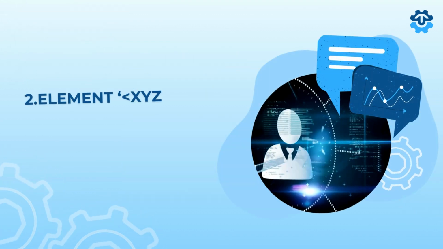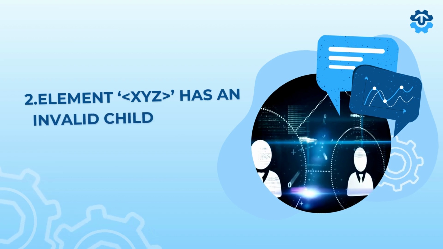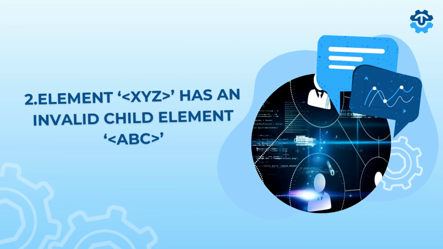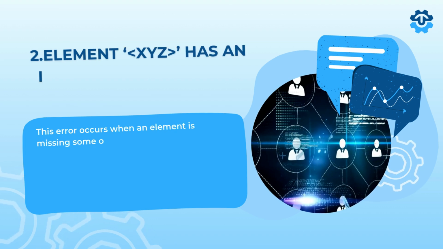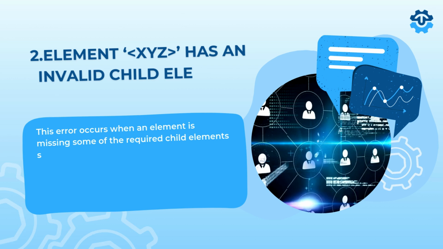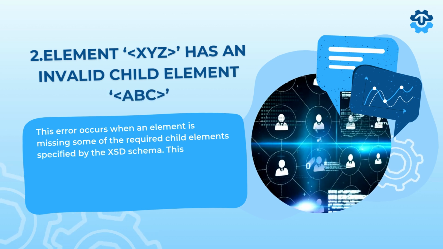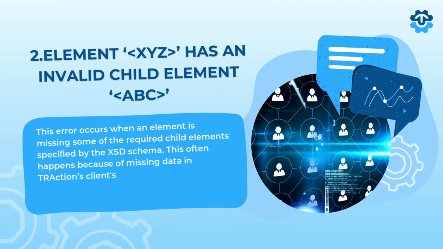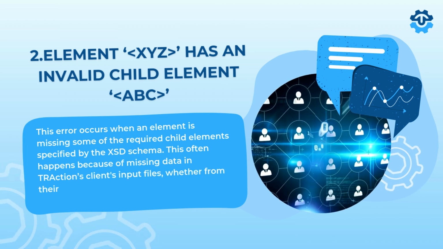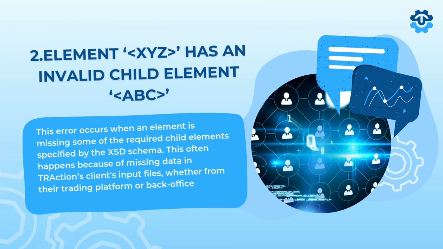Error 2. XYZ has an invalid child element ABC. This error occurs when an element is missing some of the required child elements specified by the XSD schema. This often happens because of missing data in Traction's client's input files, whether from their trading platform or back-office system.